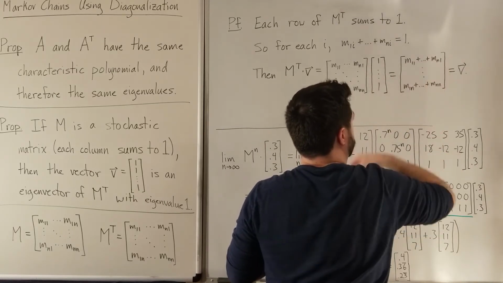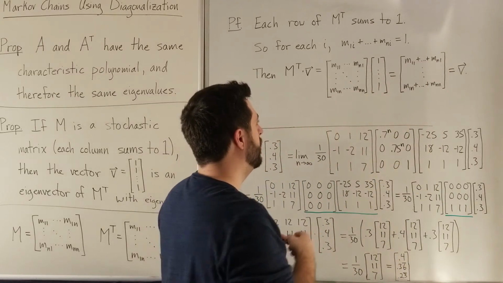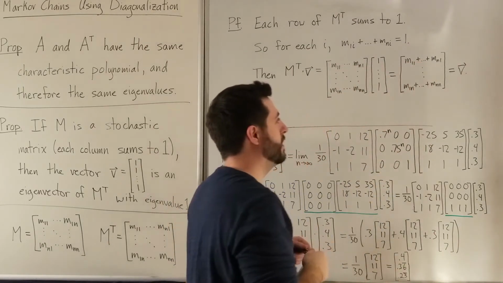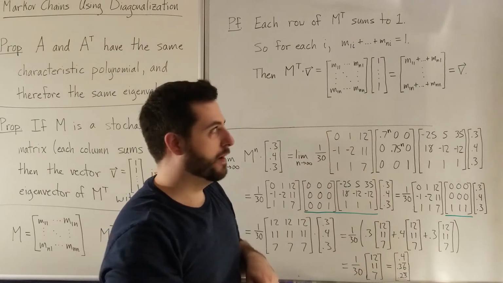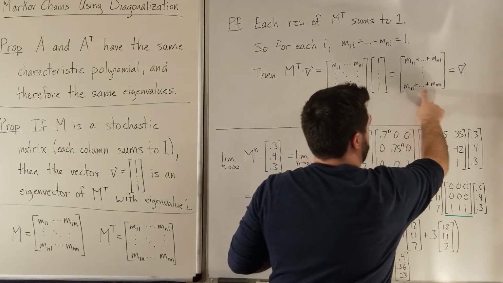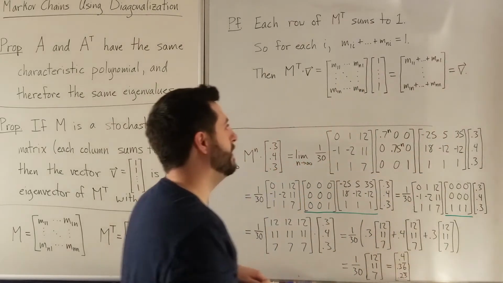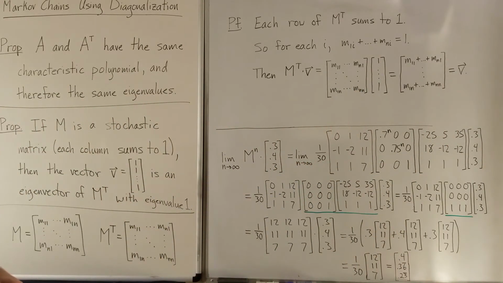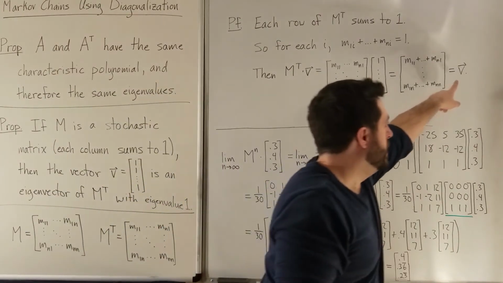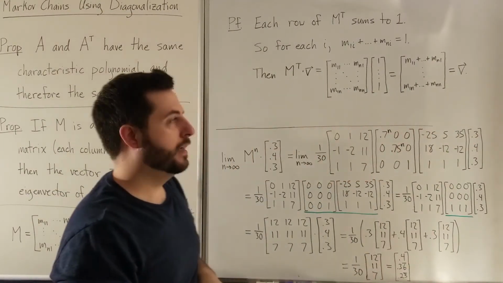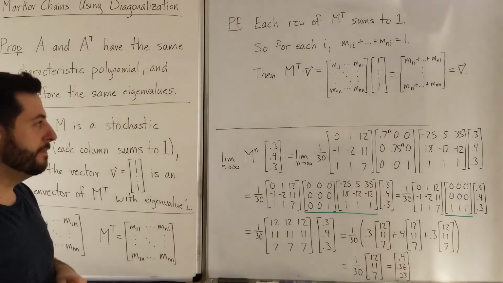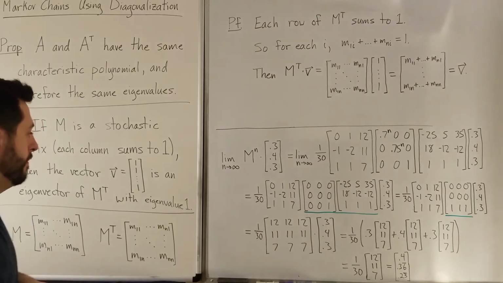And so the first entry of the result here is 1. Well, the same thing's true of the second row here. Therefore, the second entry of this is 1, and true for every other row. All of the entries in this resulting matrix are 1, and therefore it is just equal to V again. Okay? So M transpose times V is equal to 1 times V, and that's exactly what it means for V to be an eigenvector of the transpose of M with eigenvalue 1.